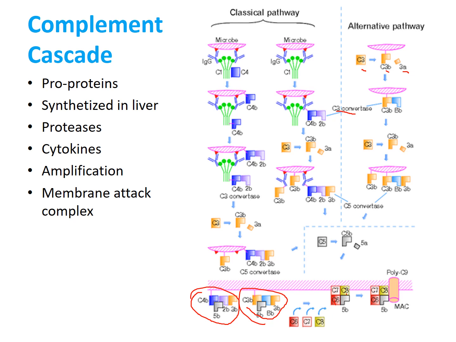Once 6, 7, and 8 are bound, C9 is going to start to bind over and over again to itself. And when it does that, it creates a pore in the membrane, through that little tunnel there. And the membrane is going to fall under the weight of that osmotic pressure.